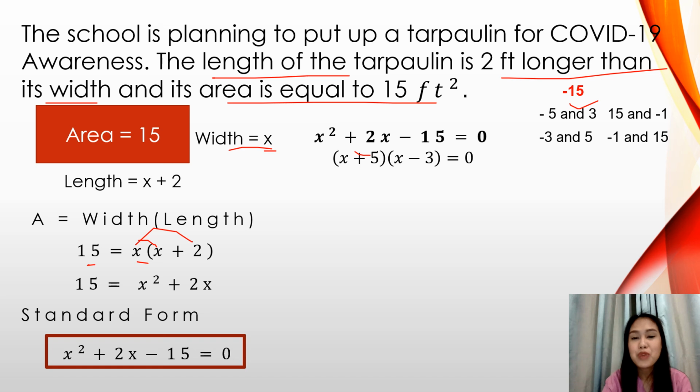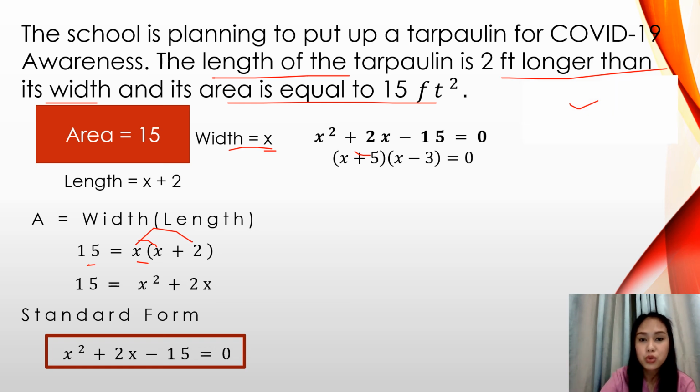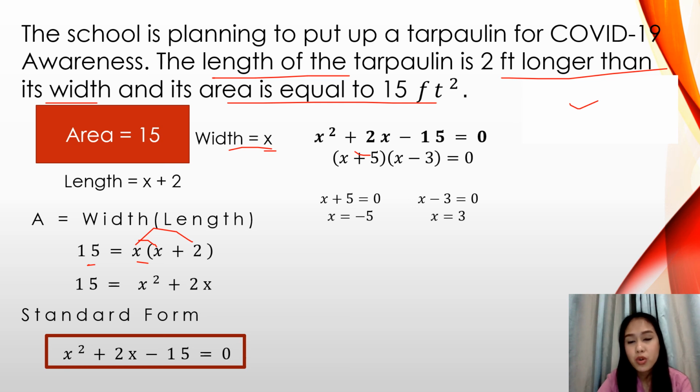That would be 5 and negative 3, because if you add these two, it will give you positive 2. So again, use the zero property of equality for each of the factors. x plus 5 is equal to 0, and x minus 3 equal to 0. We'll get negative 5 and 3.